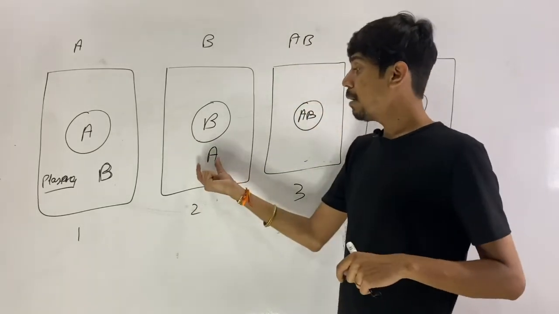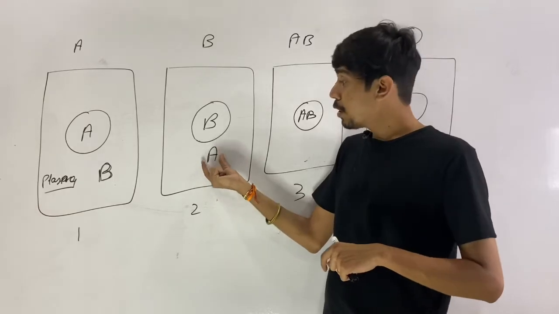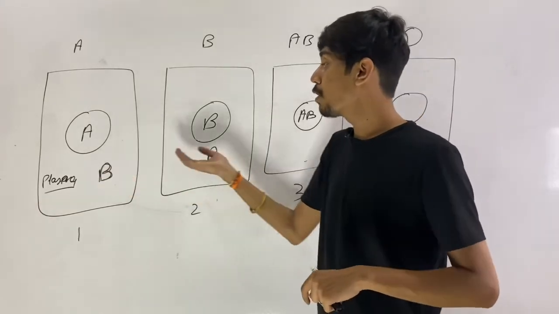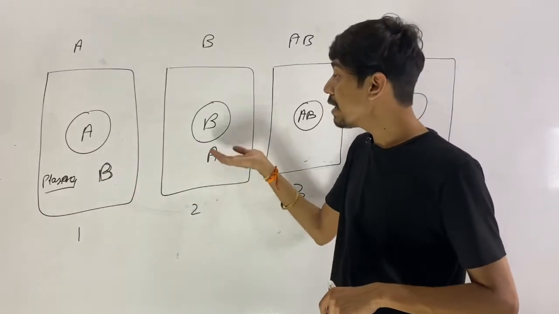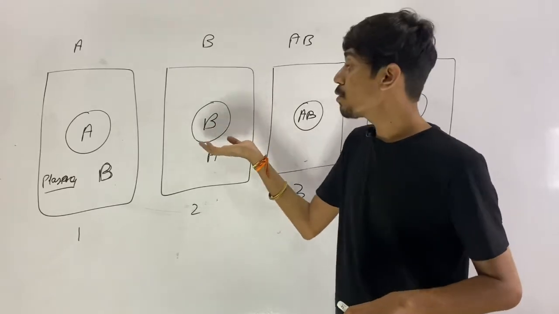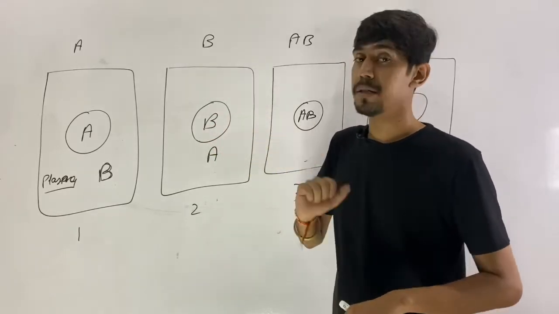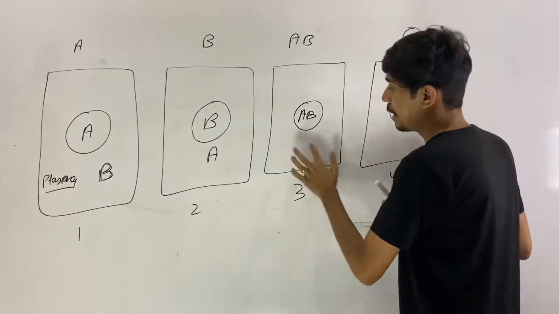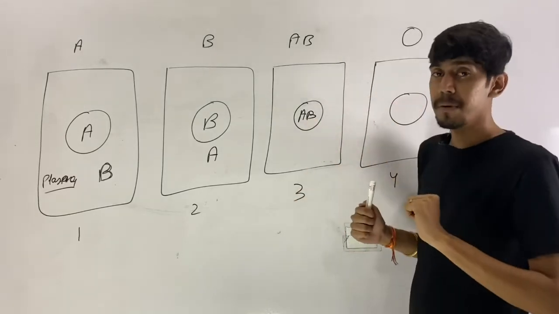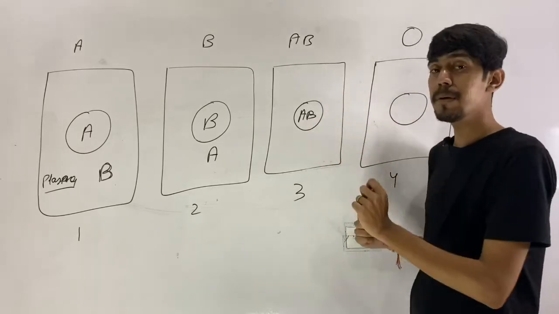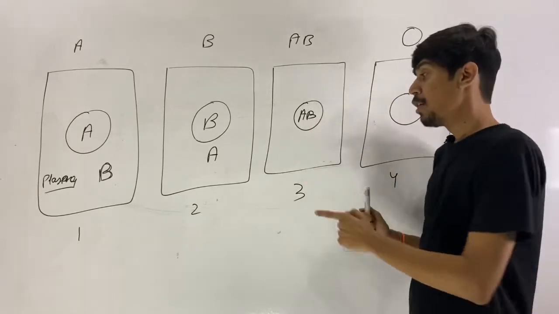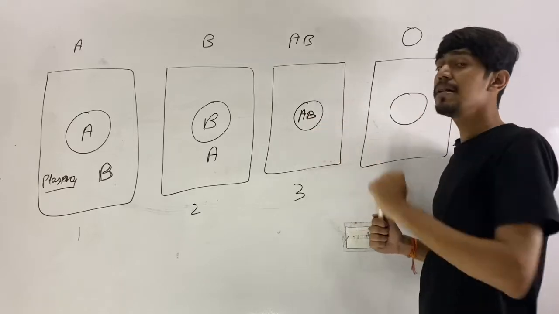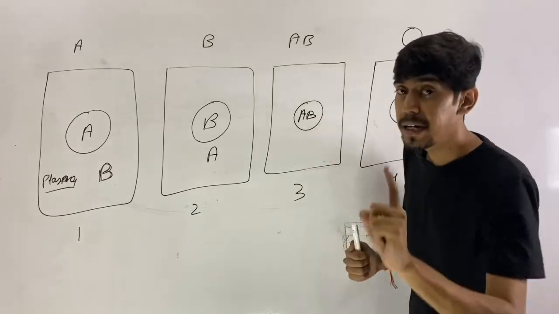Because if antibody B is present here, the plasma of this individual will kill its own RBCs. It will destroy its own RBCs. So that cannot happen, okay. Now in this case, since both antigens are present, antigen A and antigen B, there cannot be any antibody.